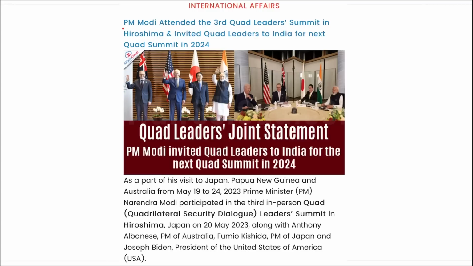Next is that Prime Minister Narendra Modi attended the third Quad Leaders Summit in Hiroshima and invited the Quad leaders to India for the next Quad Summit in 2024.